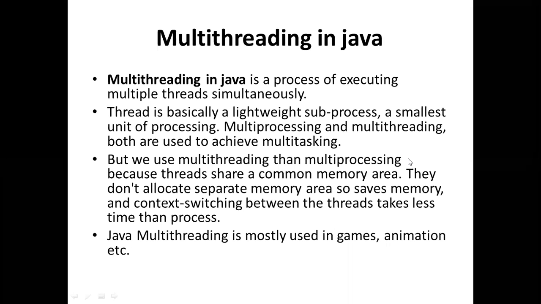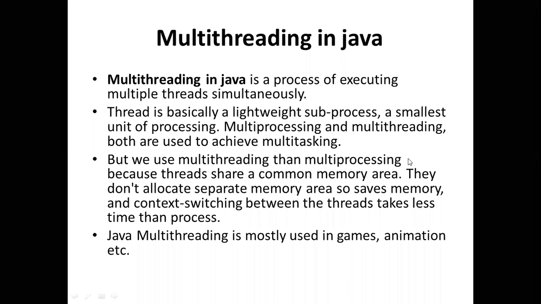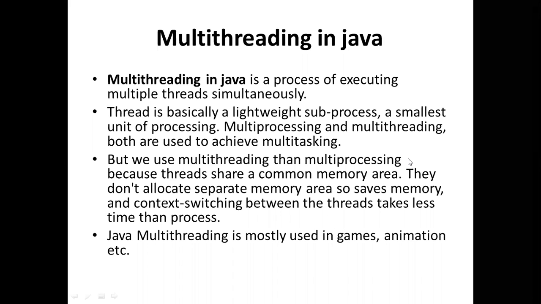If you're not clear, you can brush up on the earlier concepts where we discussed the difference between threads and a process. The main advantage of threading is that threads share a common memory area, which saves memory, because context switching in the case of threads takes less time as compared to a process.